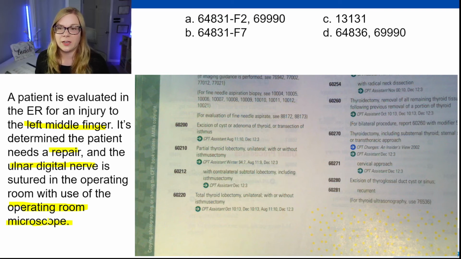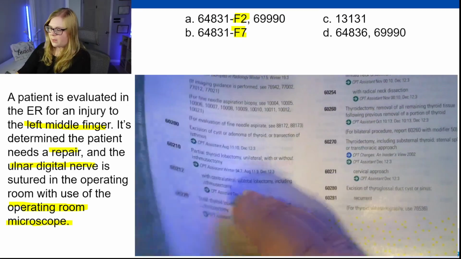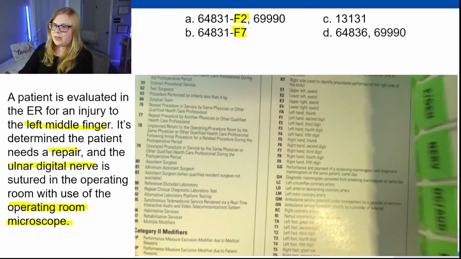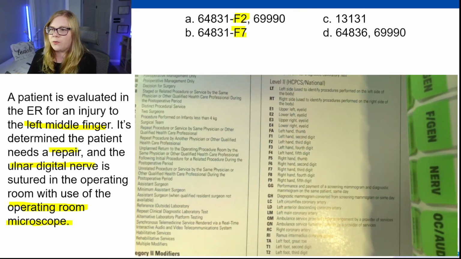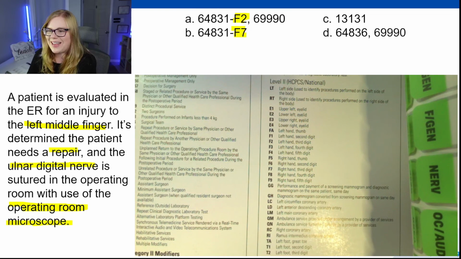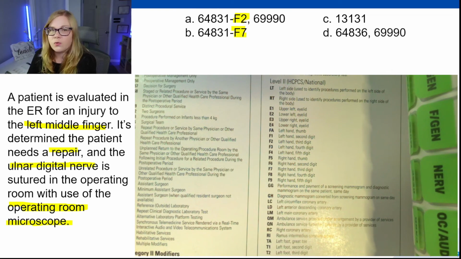The other thing we can look at here is, look, we've got some different modifiers. These are our finger modifiers, our F2 and our F7. You can find those anatomical modifiers in the beginning of your CPT book. If we look here, F2 is the left hand third digit, which would be the middle finger.